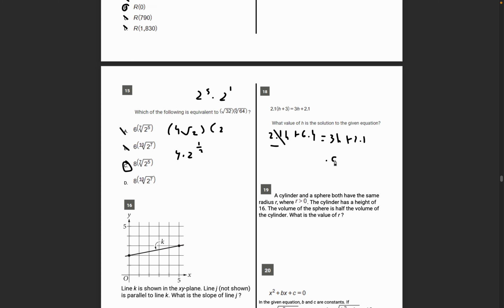You get 0.9h equals 6.4 minus 2.1, which is 4.3. Right, 0.9. And then what do we do? 4.3 divided by 0.9, right?